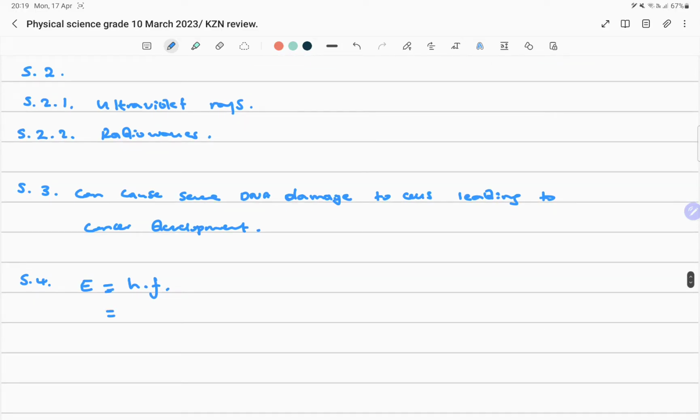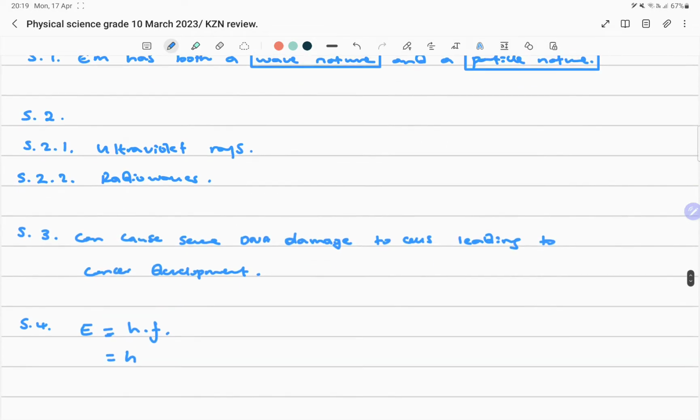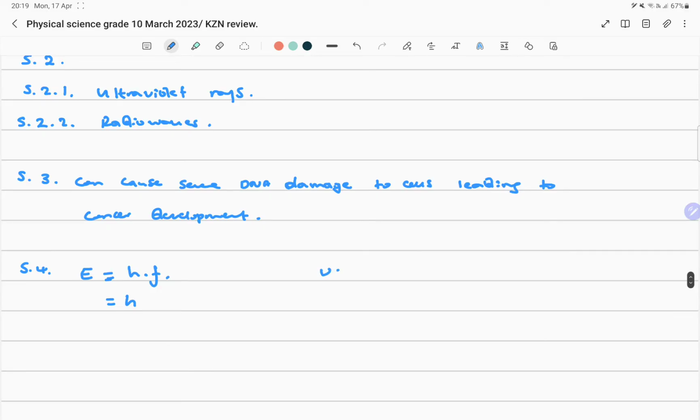Planck's constant stays, but what is frequency? We are given a wavelength here. So from the general wave equation, V equals, but when we're talking about rays, we use c instead. c is frequency multiplied by wavelength. It's the same general wave equation, but we use c because c is a constant.